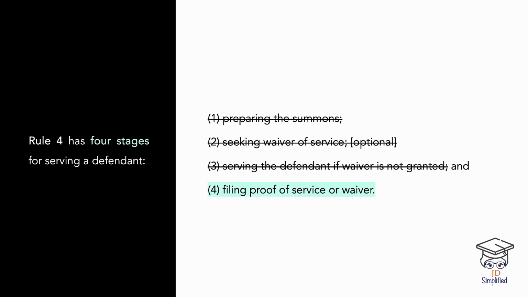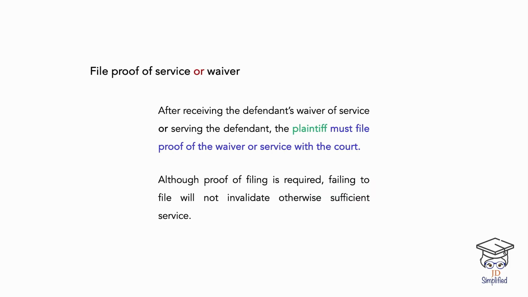Now let's talk real quick about filing proof of service or waiver. After receiving the defendant's waiver of service or serving the defendant, the plaintiff must file proof of the waiver or service with the court. However, proof of filing, although required, doesn't invalidate otherwise sufficient service. So failing to file proof will not invalidate an otherwise sufficient and valid service of process.